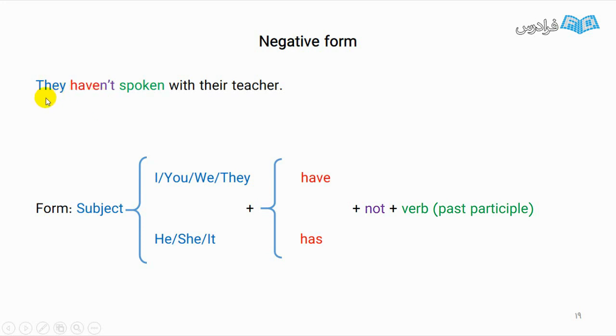But what happened here? I didn't write they have not. I made it contracted. They haven't. And finally, we have to add the verb. But what kind of verb is needed here? We have to use the past participle form because the verb is speak. The third form of that is spoken.